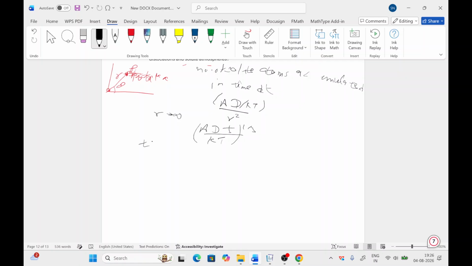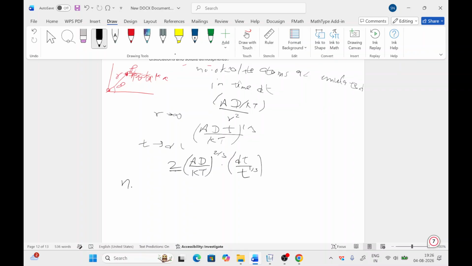Then the total accumulation from t to t plus dt will be given as 2 AD by kT raised to power 2 by 3 and dt by t raised to power 1 by 3. And 2 comes because of the both sides of flow lines.